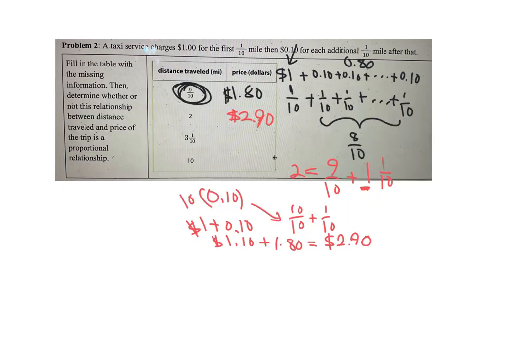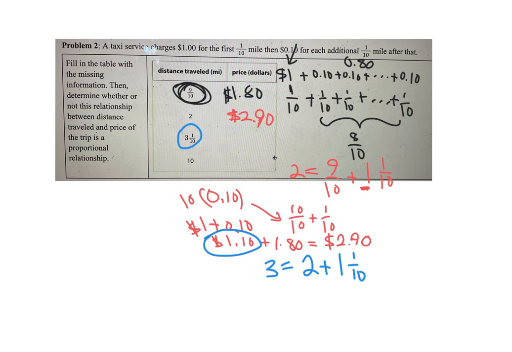Okay, so for our next section, 3 and 1 tenth, that's another 1 and 1 tenth extra, right? So 3 is equal to 2 plus 1 and 1/10. But we just figured out that 1 and 1/10 was an extra $1.10.